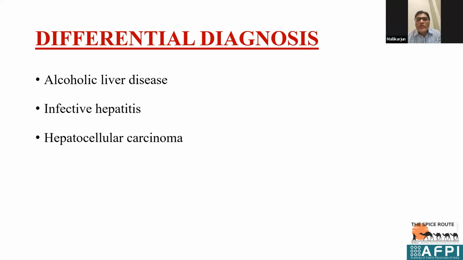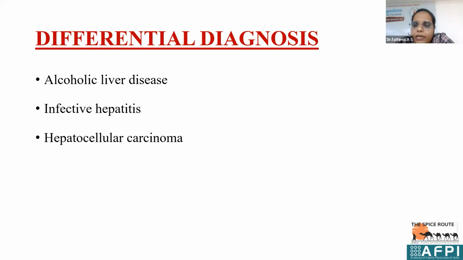What do you mean by infective? Infective hepatitis means for me it is like hepatitis A, B, C, D, alcoholic hepatitis. There are so many types of hepatitis. So what do you mean by infective hepatitis? What is your understanding?